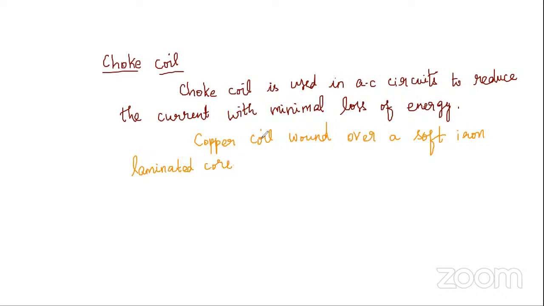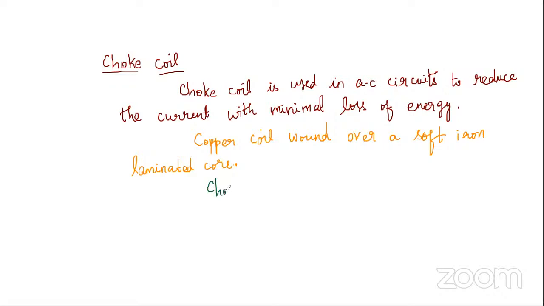This coil is always used in series in the AC circuit in which the current is to be reduced, and it is otherwise called ballast. The choke coil is otherwise called ballast.